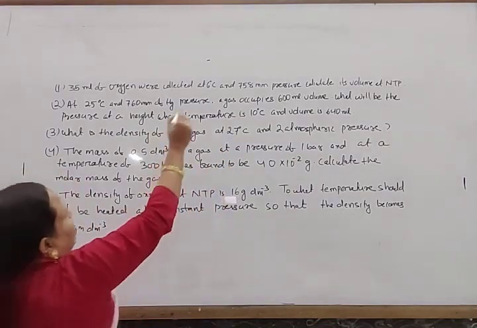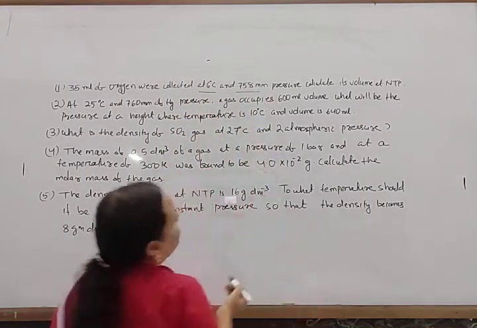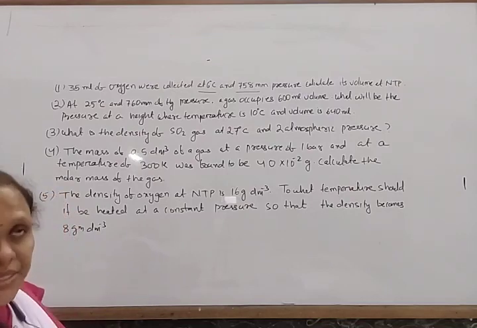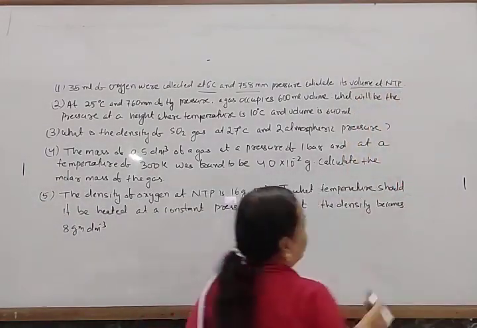So this is collected at 6 degrees Celsius and 758 mm pressure, and we have to calculate the volume at NTP.